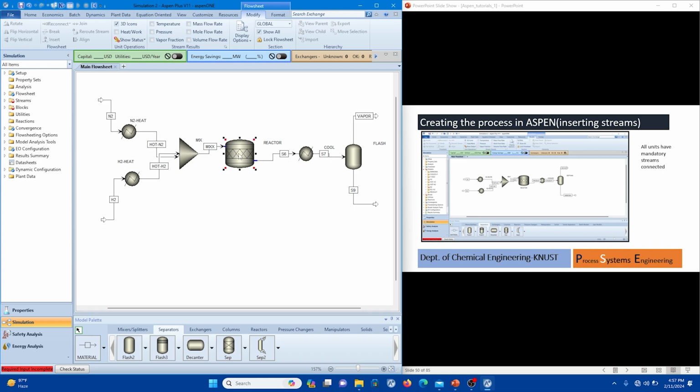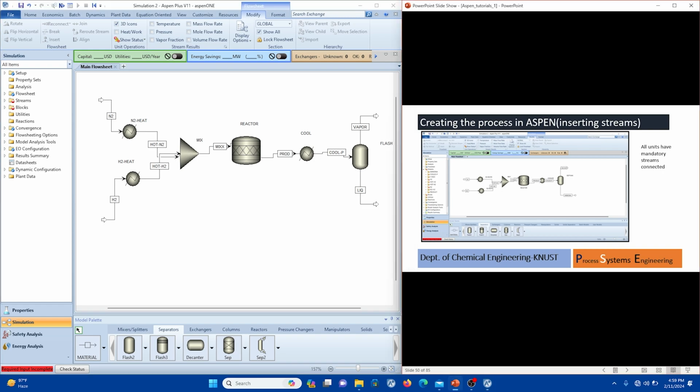I could change the position of blocks. I'll take a time and play around with some of these, and you can pause the video and connect all your streams and label them appropriately, or as you deem fit.